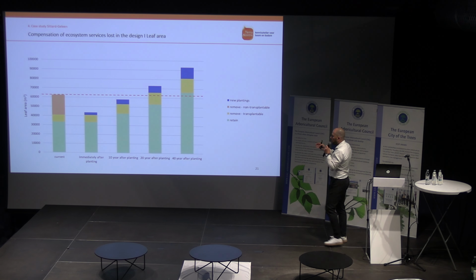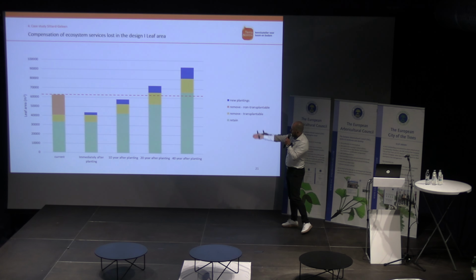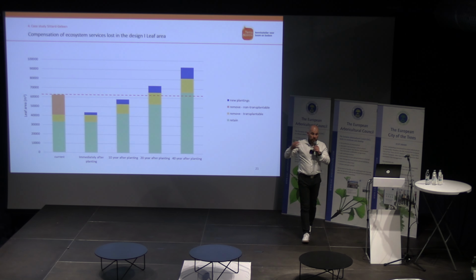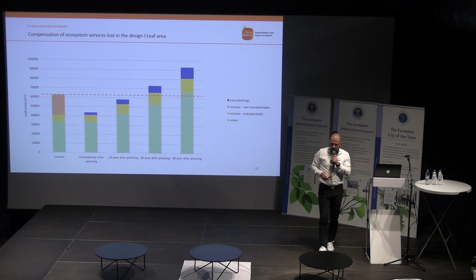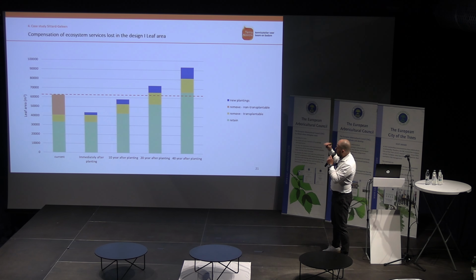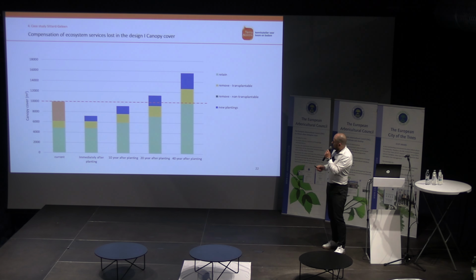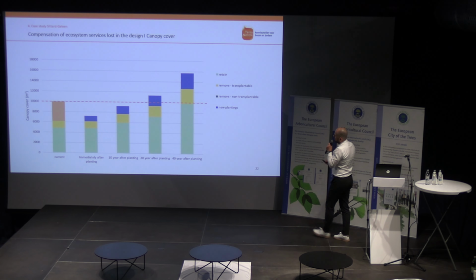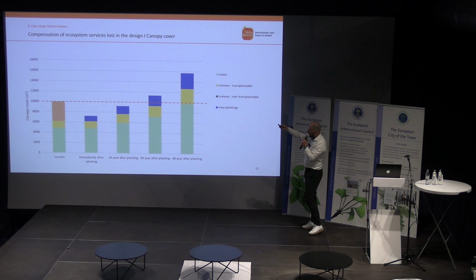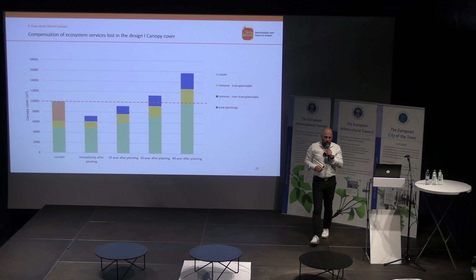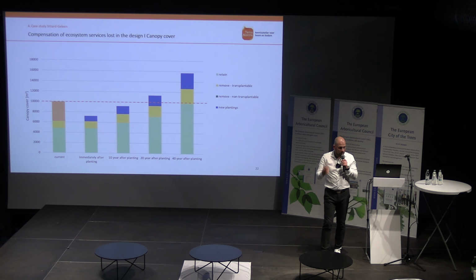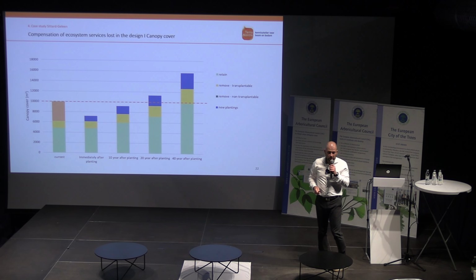It will take almost 20 years of natural growth, including the newly planted trees, to compensate the loss of the leaf area. And the same goes for canopy cover. If we look at the canopy cover, it will also take almost 20 years to compensate the loss of these trees, even though we planted 113 new trees.